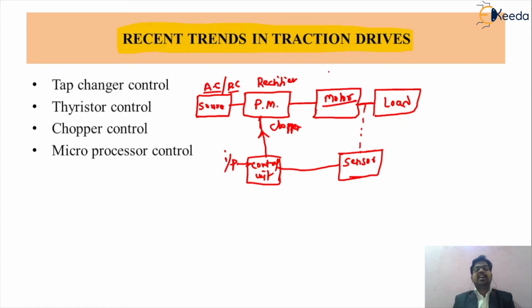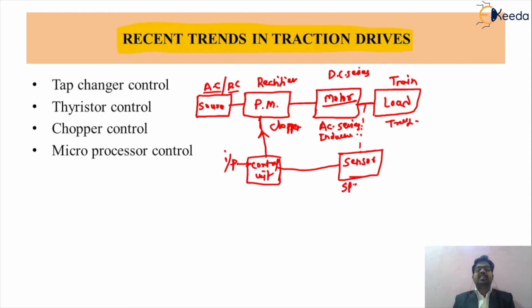Then for the motor, we prefer the DC series motor in concern with the traction drive, or the AC series motor, or induction motor. The load will be your train, trolley, whatever it will be. The sensor will be your speed sensor.